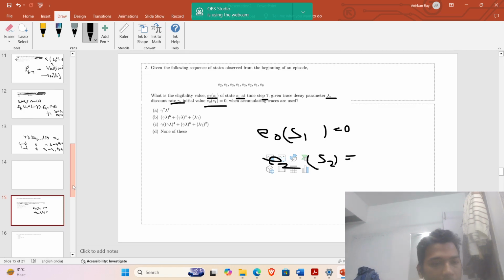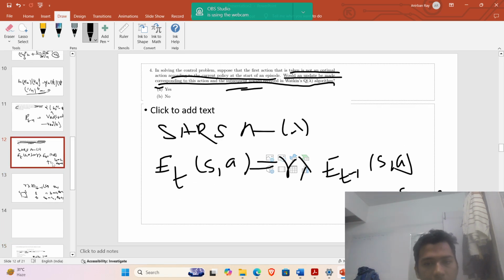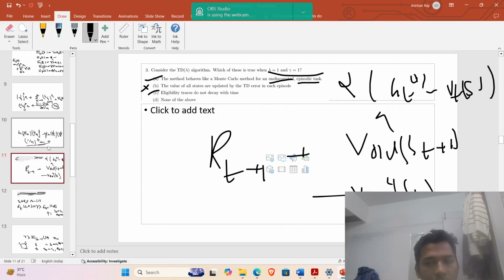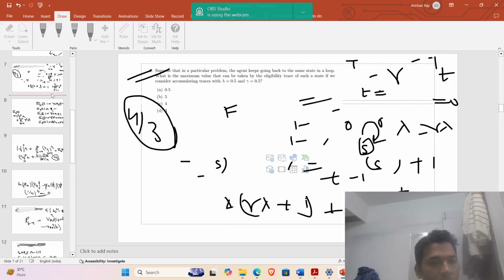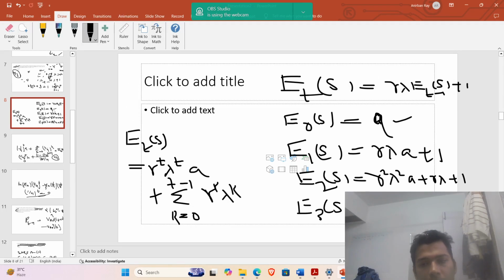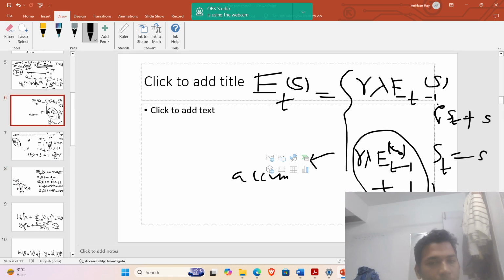Let's see the formula, I think that will help us out. So this is our formula here. T is here, we keep the same state here, and you're updating.